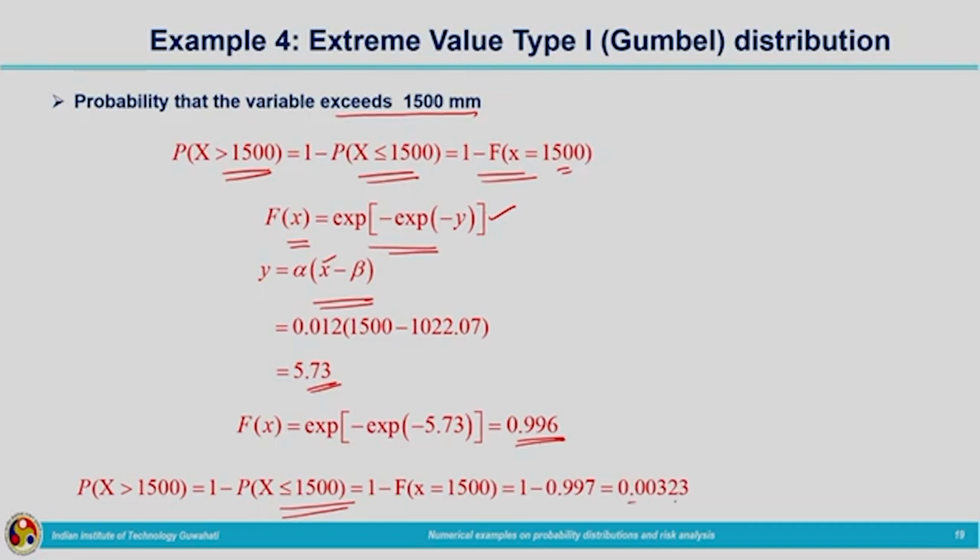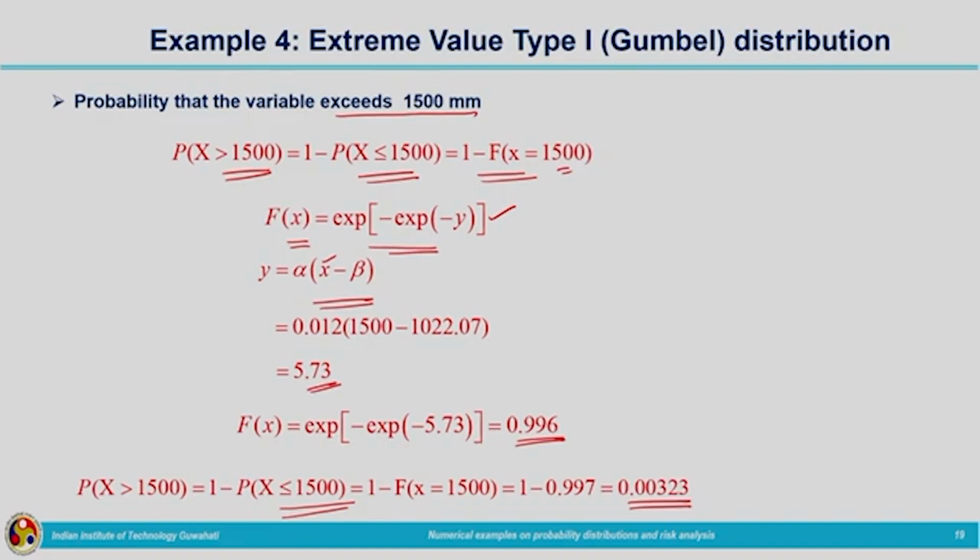So that can be calculated as 0.00323. The probability that the variable exceeds 1500 millimeters is very small. You can observe the data series itself, in that there is no data corresponding to 1500 millimeters. So based on the probabilistic distribution, when we calculate, the value is coming out to be very small.